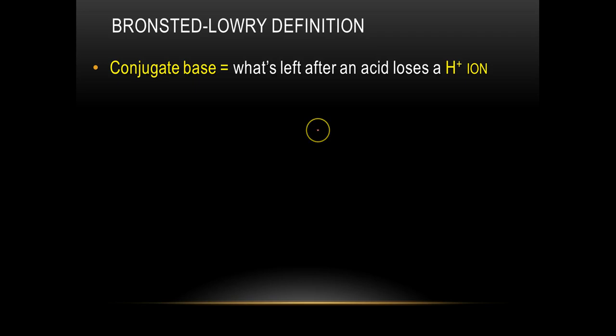Alrighty, now this is, I think, one of the last things we're going to talk about, conjugate acid versus conjugate base. This word conjugate just means something that's kind of opposite but paired up. So when we talk about a conjugate base, the definition is what's left over after an acid loses its H+ ion. You're going to be looking for things that differ by a single hydrogen.